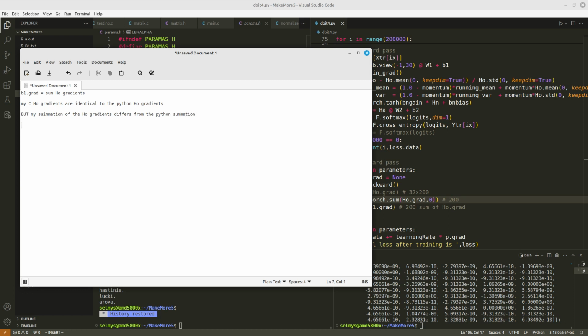So that means that my B1 gradients are different from the Python.